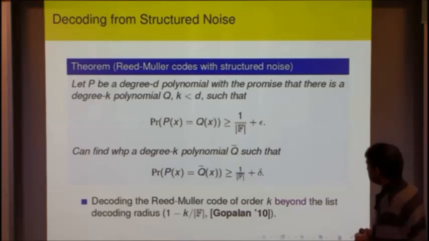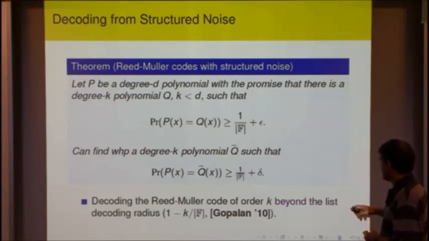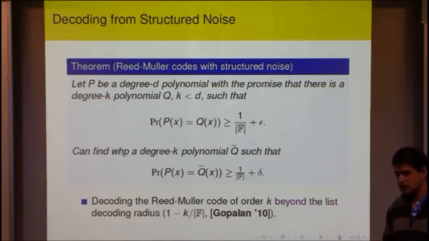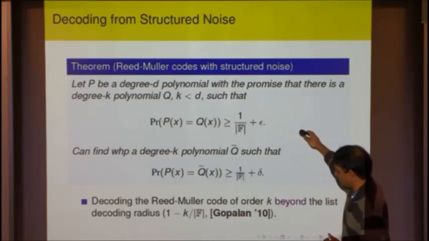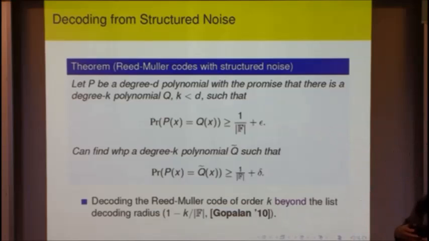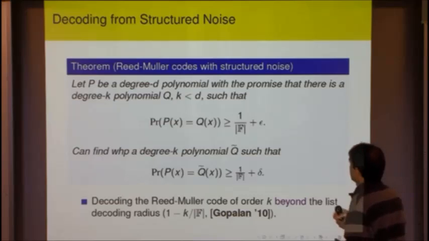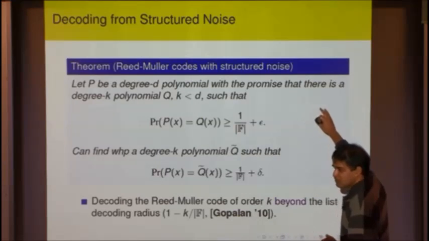The point here is that the list decoding radius of Reed-Muller codes is 1 minus k by f, shown by Parikshit Gopalan. So here the distance is much larger, like 1 minus 1 by f. The distance is much larger than the list decoding radius, yet we can find some degree k polynomial which lies within that distance, of course with the caveat that P itself is a low degree polynomial.